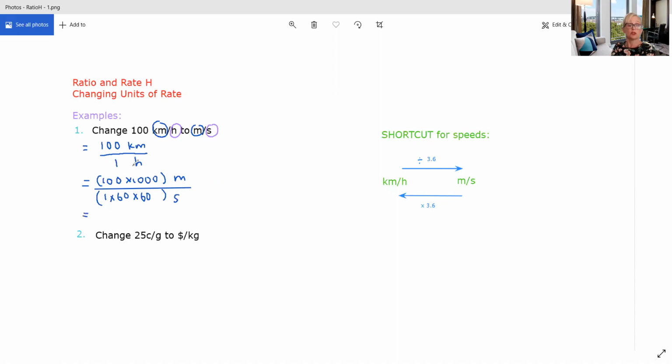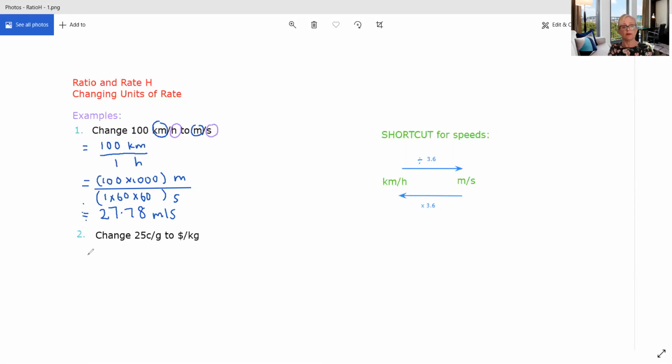Then you can plug all that into your calculator using the brackets and you will get 27.78, rounding off, metres per second.